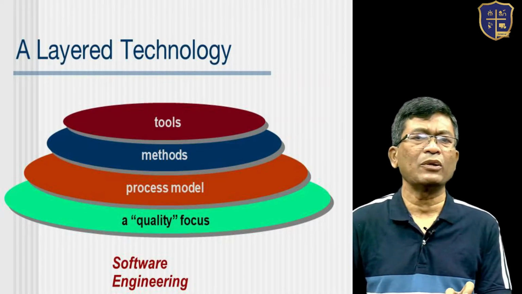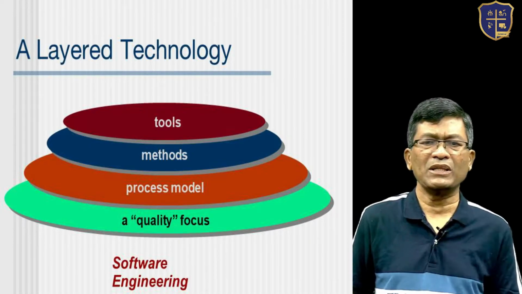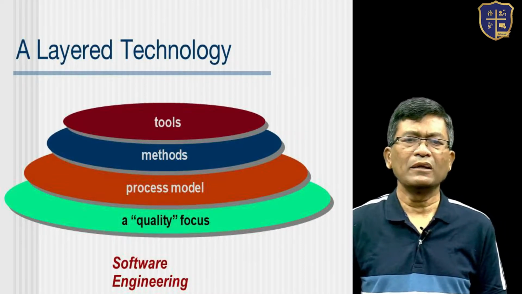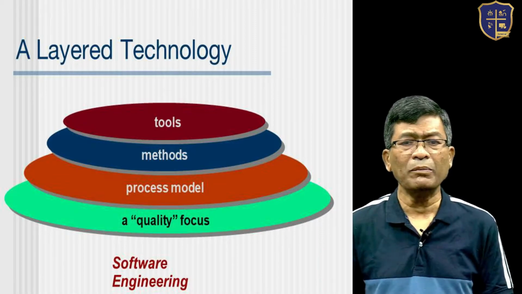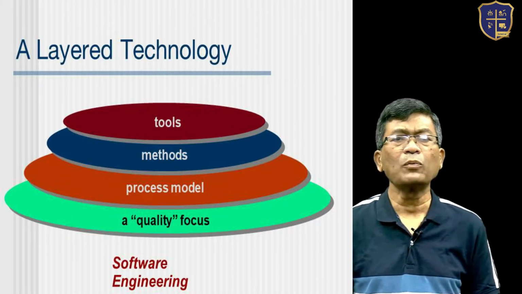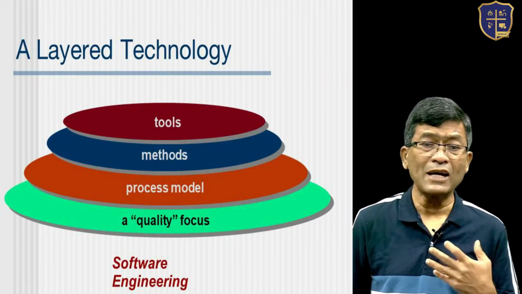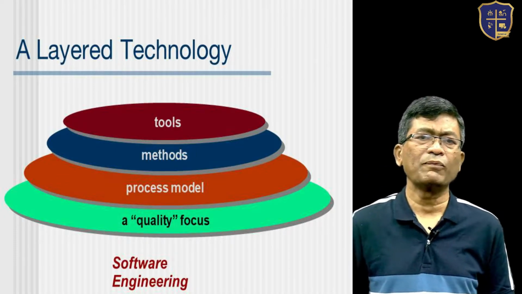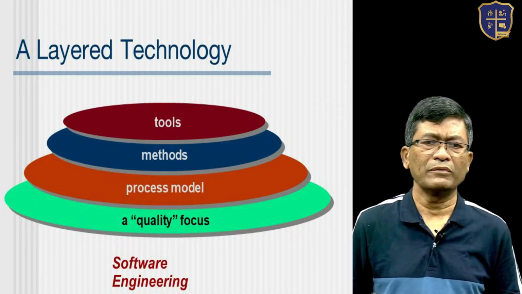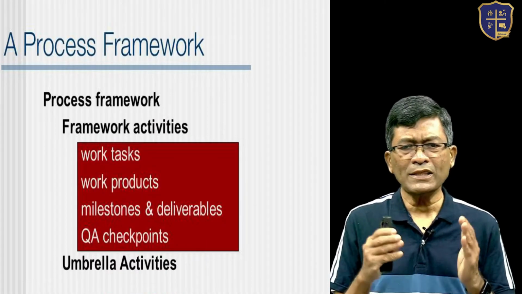According to the process that you select, these methods are applied, and finally these methods are automated so that human involvement is reduced and more output is produced. So we have automation as well as semi-automation tools that can be used for engineering a software. And we call this framework.